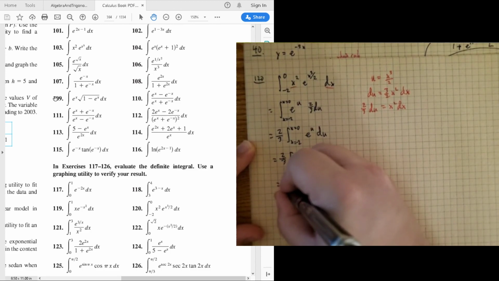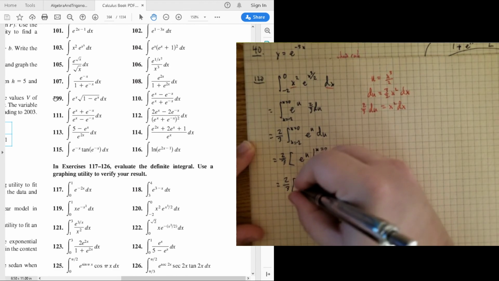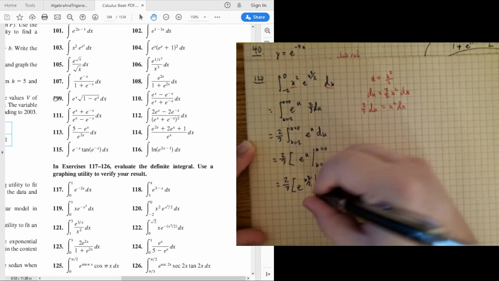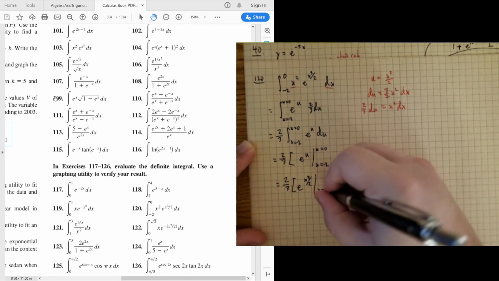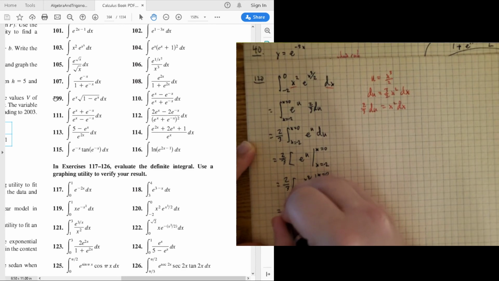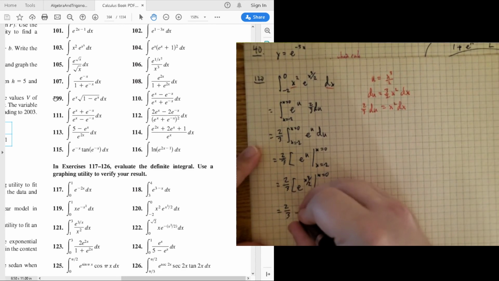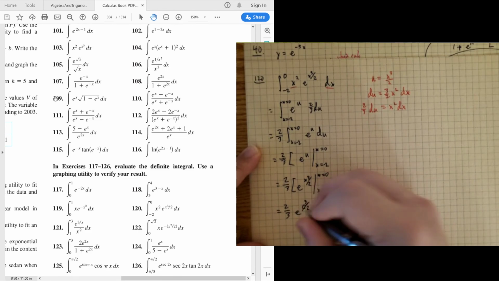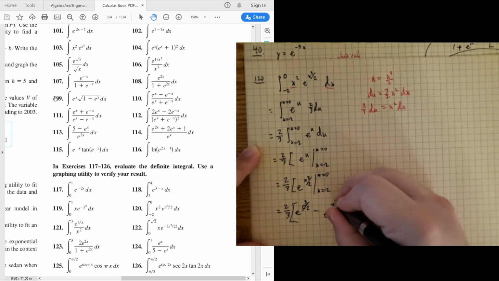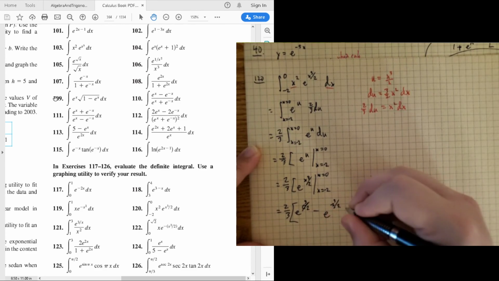So we do 2/3 e to the x cubed over 2, evaluated from x equals -2 to x equals 0, which means we would get 2/3 times e to the 0 cubed over 2 minus e to the -2 cubed over 2.